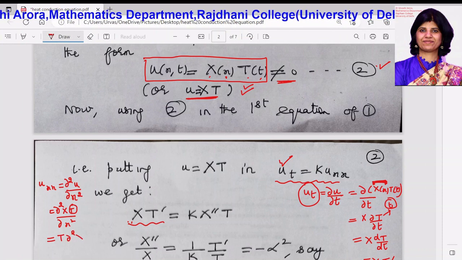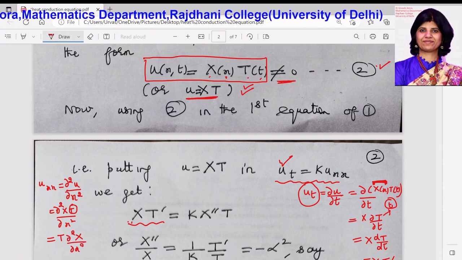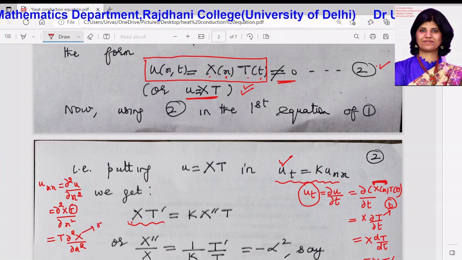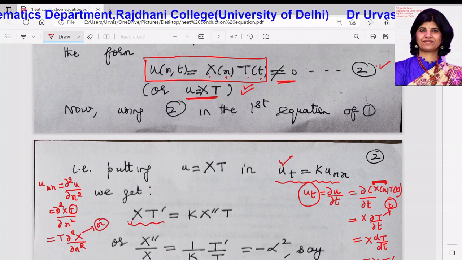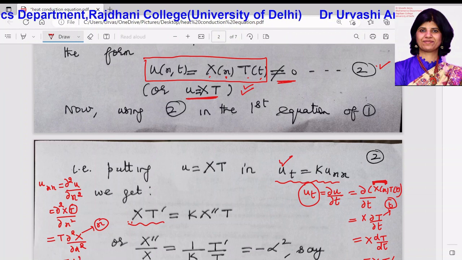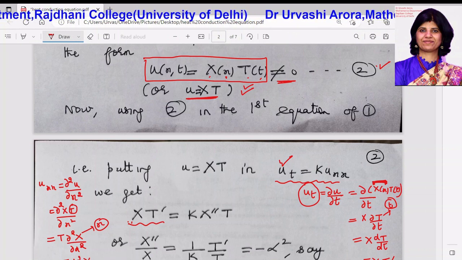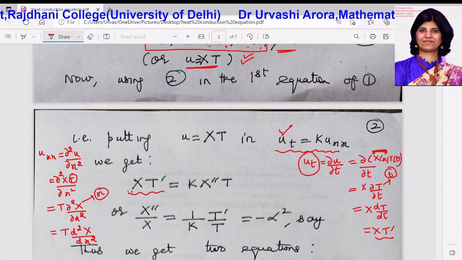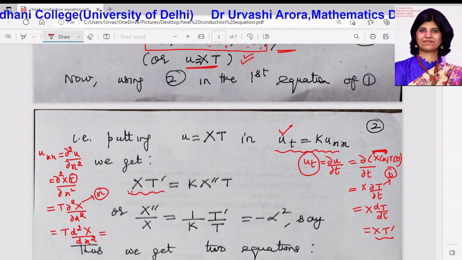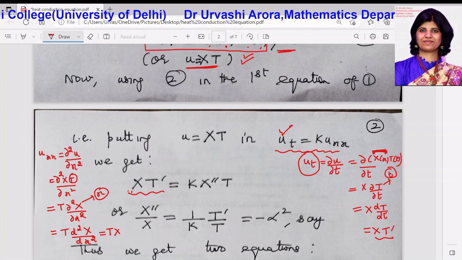So, this comes out to be del square X by del x square, and again because capital X is a function of small x only, this partial derivative actually becomes the total derivative. So, this is d square X by dx square, because capital X just contains the variable small x, and so we can write this as T X double dash.